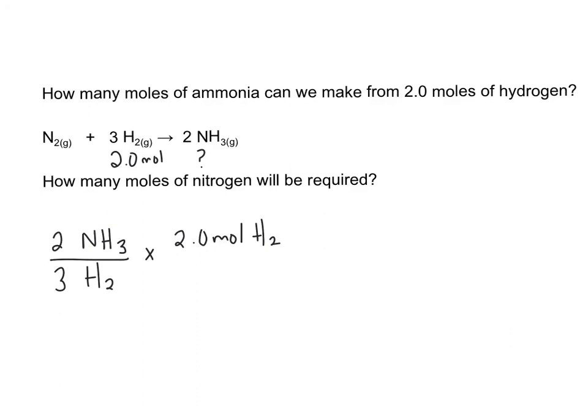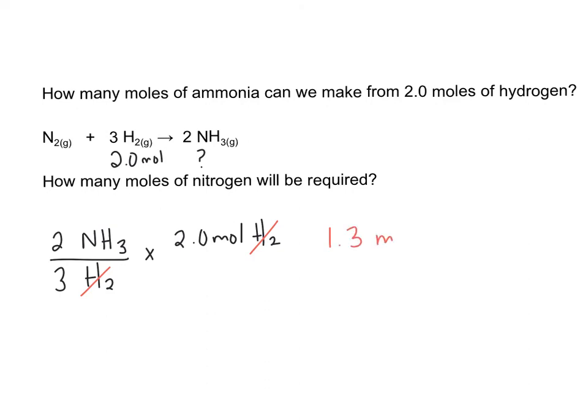You have to put your element symbols in here because they are part of your units. So hydrogen is going to cancel. We're left with 2 times 2, because anything on the top multiplies, and then divide by 3, because anything on the bottom is division. So that is 4 divided by 3, which is 1.3.